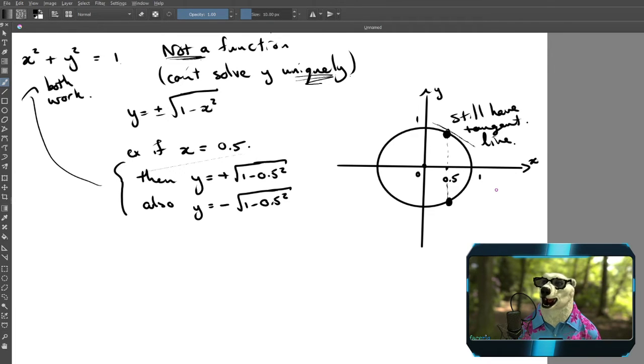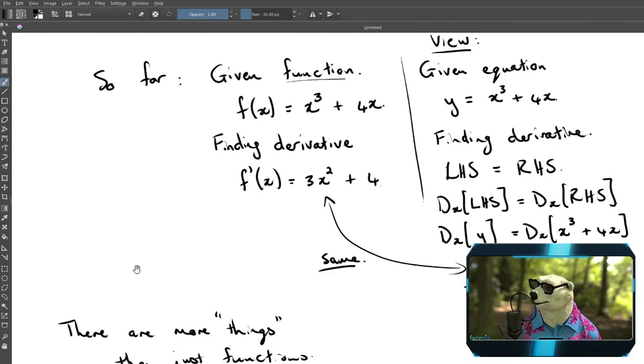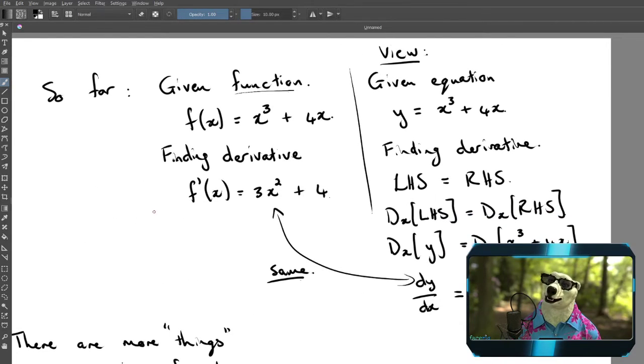So we still have the derivative question, even if we don't have a function anymore. And the way of looking at derivatives that we originally did is limited to just functions, which is fine most of the time, but not always.